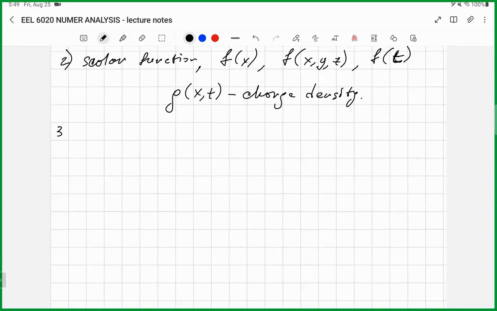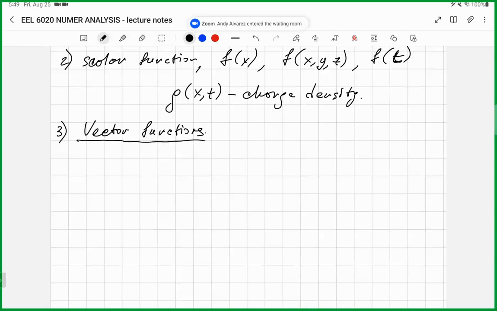So the object number 3 is vector functions. An example of vector functions in electromagnetism could be electric fields.